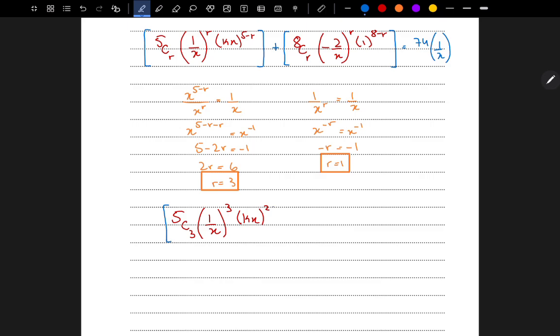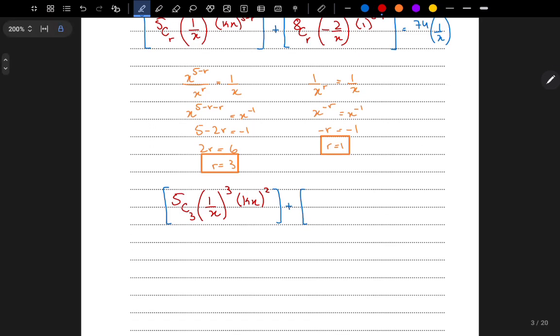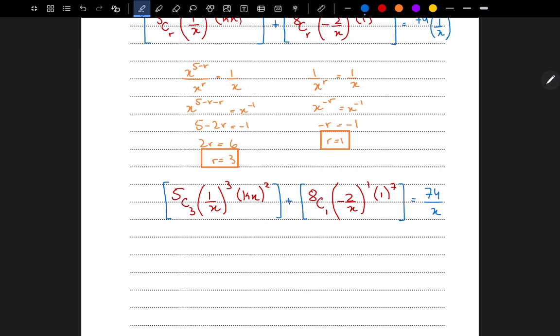Let's apply the brackets, a plus sign, and this will give us 8C1 (minus 2 upon x) to the power of 1 into 1 to the power of 7, close the bracket, and this will be equal to 74 upon x.